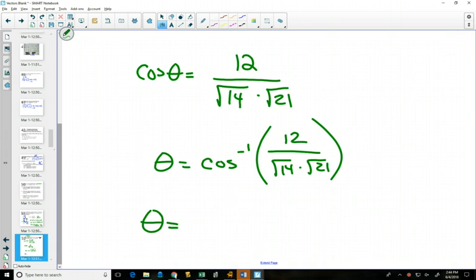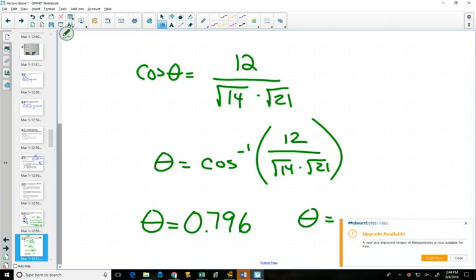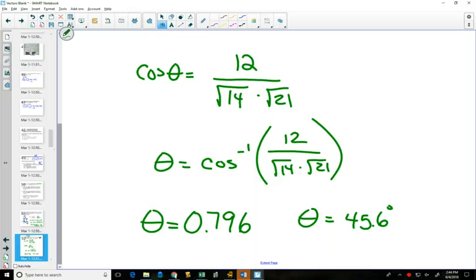If you have your calculator set in radians, or if you have it set in degrees, and we're probably still more familiar with degrees, so 45.6 degrees. I think for the most part we're more comfortable with degrees still.